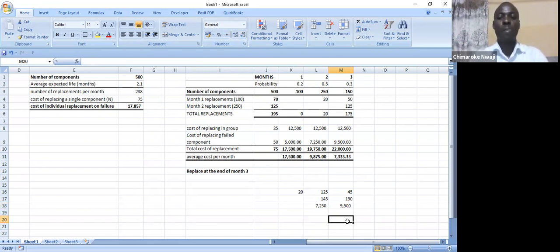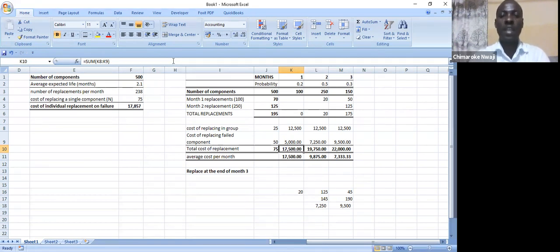And so, what is the total cost? The total cost is simply the group replacement plus the individual replacement when there is a failure.